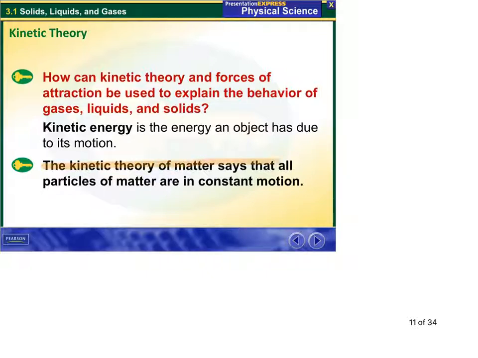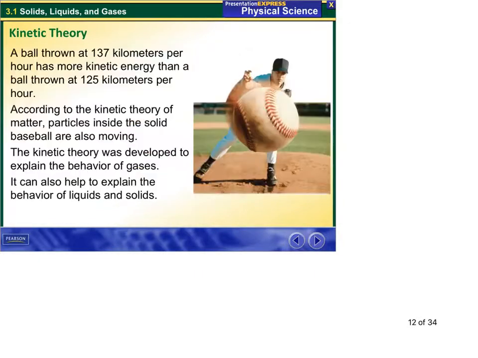Kinetic theory of matter says that all particles of matter are in constant motion. Kinetic energy is the energy an object has due to its motion. Key question: how can kinetic theory and forces of attraction be used to explain the behavior of solids, liquids, and gases?